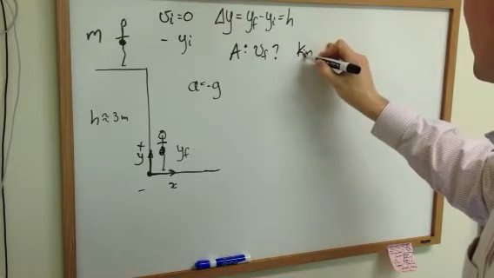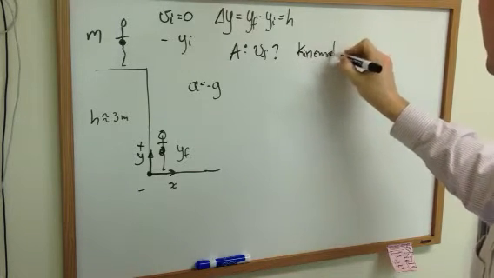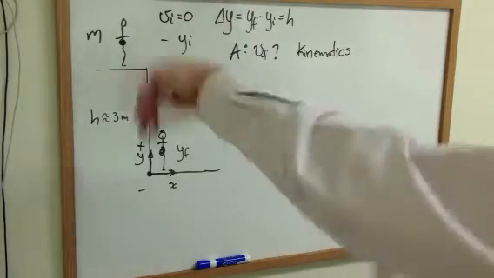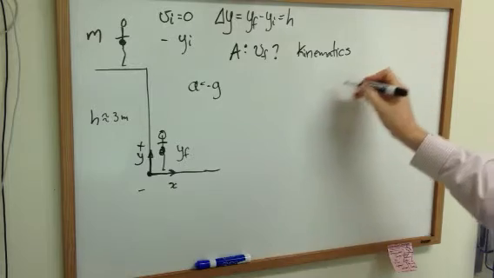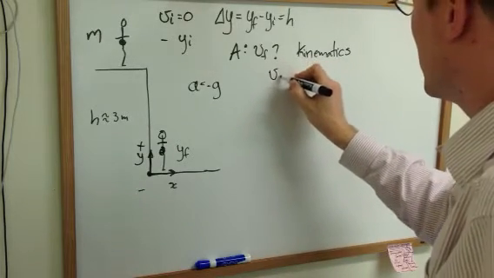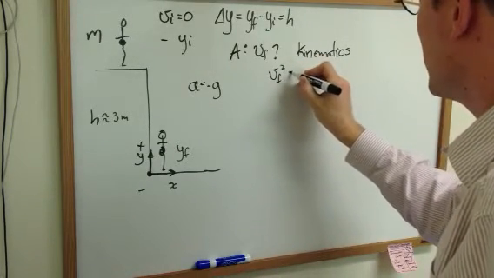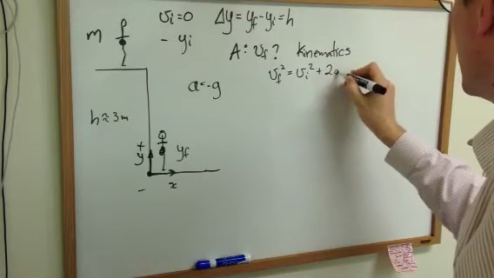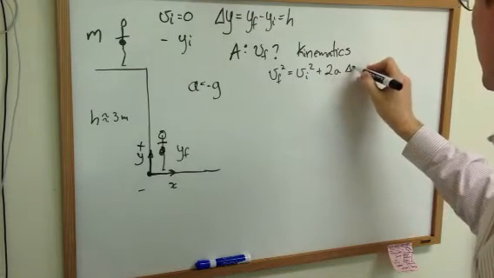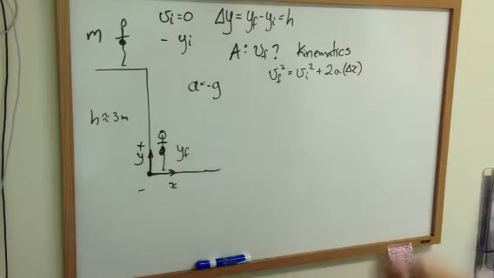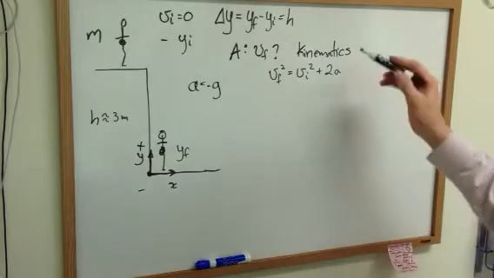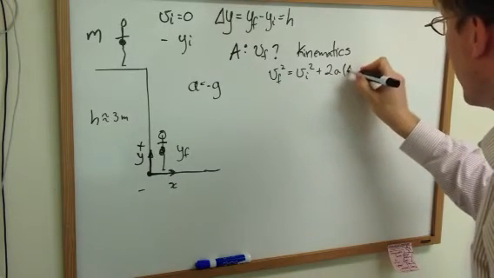This is a kinematic question, one in a straight line, no circular motion here. So we're going to use velocity final squared is equal to velocity initial squared plus 2a delta x. And for us, delta x is going to be delta y. We're talking about the vertical direction.